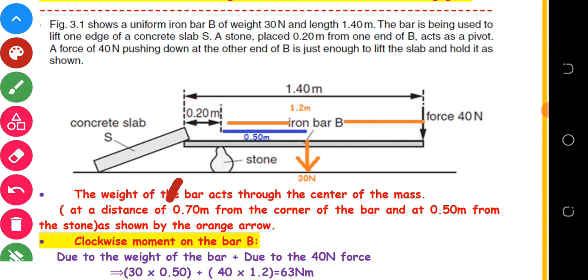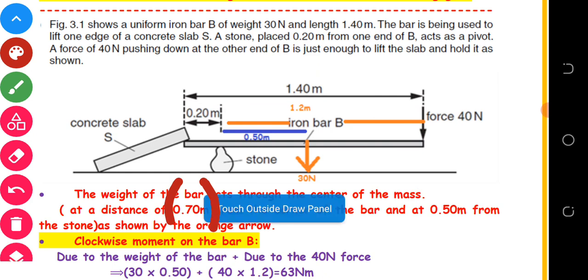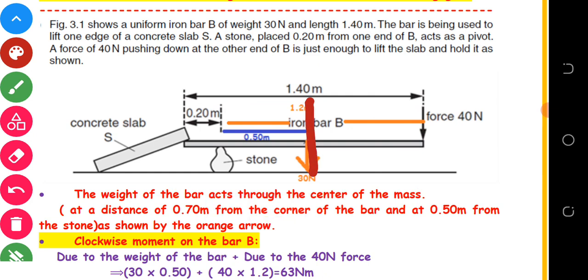So the center of mass of this uniform bar is at 0.7 meters. Okay, so as we have seen in the diagram, the center of mass here is at 0.7 meters, or at the center of the bar.